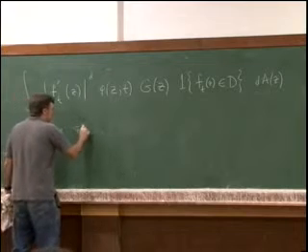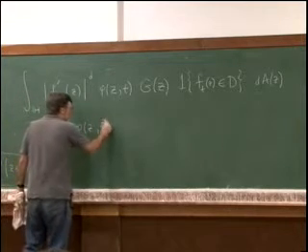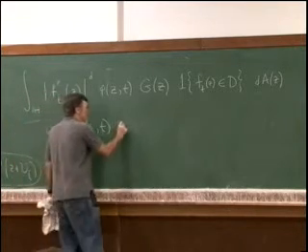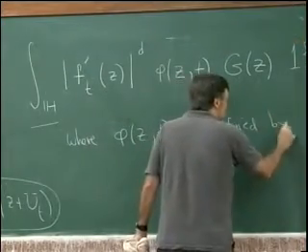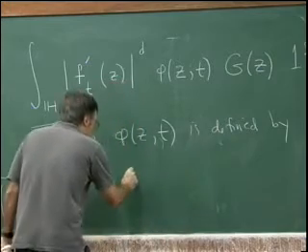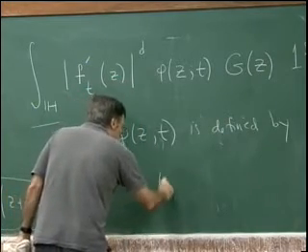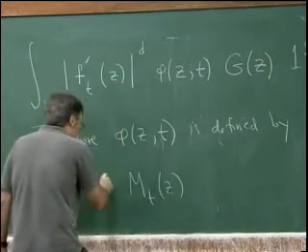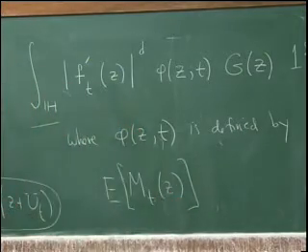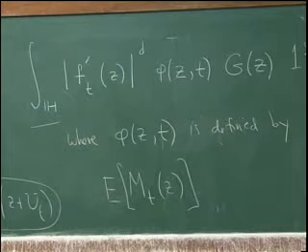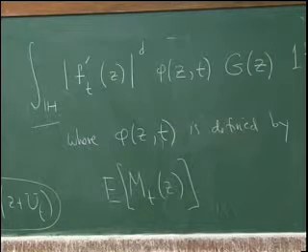Where phi(z,t) is defined by... okay, so M_t(z) is a local martingale, so it loses mass.